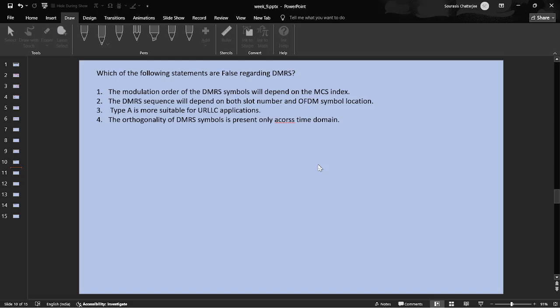Next is about the statements that are false regarding DMRS. What about the first one, which comments on the modulation order for the DMRS symbol?